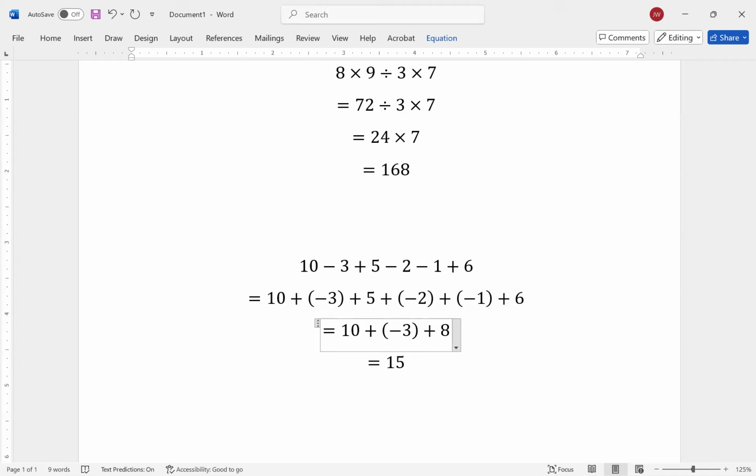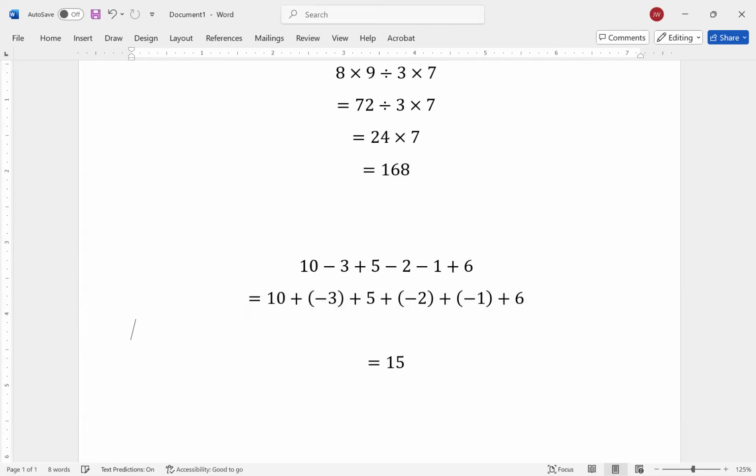And notice that adding those three numbers gives me 15. Doesn't matter what order. What I'm trying to get at is if you put everything as addition, addition has the property that any two numbers, when you add them, the order doesn't matter. So we have the commutative property of addition. And if we write everything as addition, then order doesn't matter on how I add these things up.